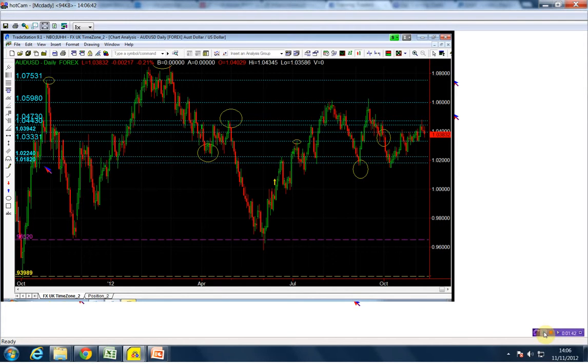These have been very significant, and the Australian has been using these structure points as target and points where it bounces back off and on through these points.